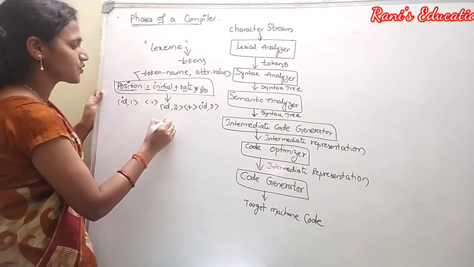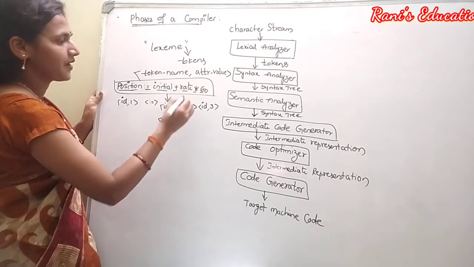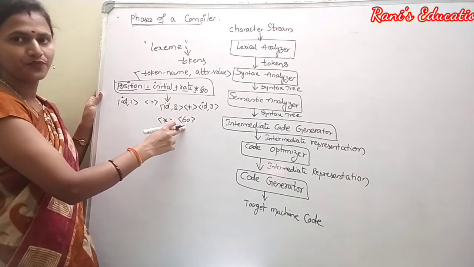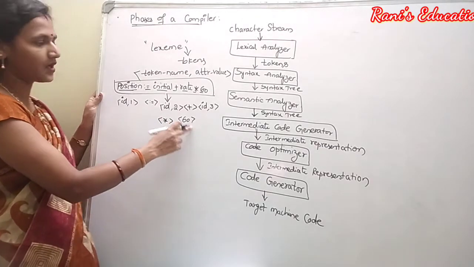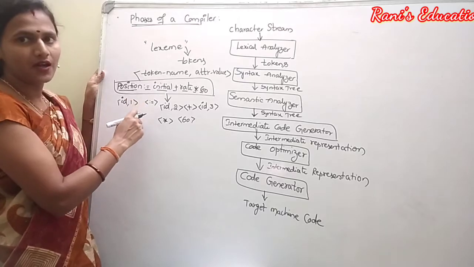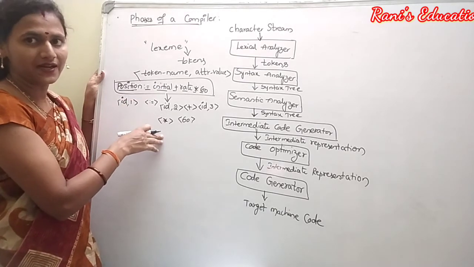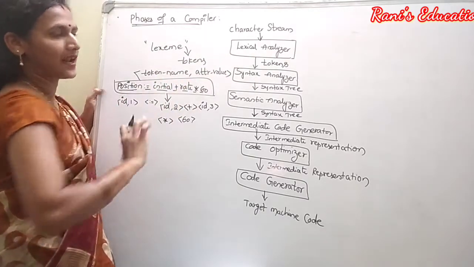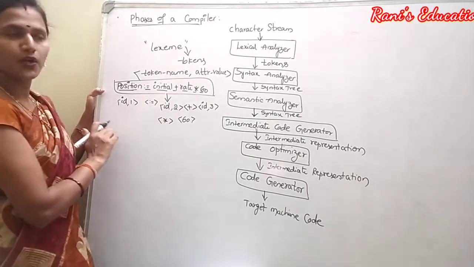Then asterisk is also a lexeme and 60 is also a lexeme. Each and every lexeme is defined within angular brackets, less than and greater than. This is the output of the lexical analyzer in the form of tokens.